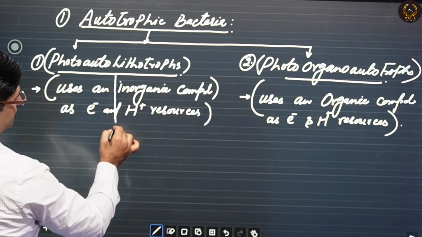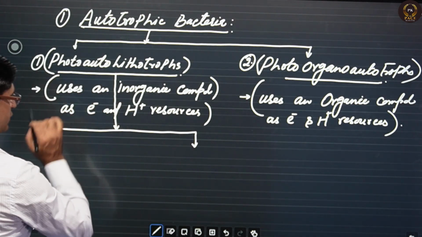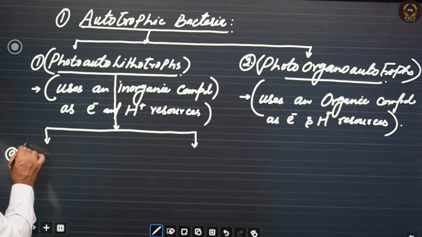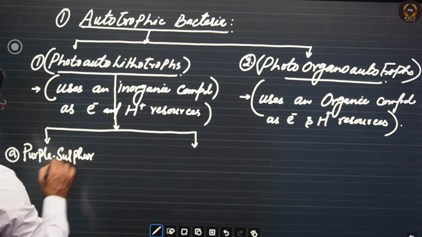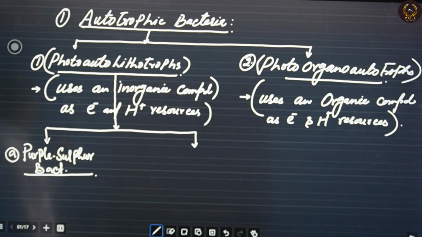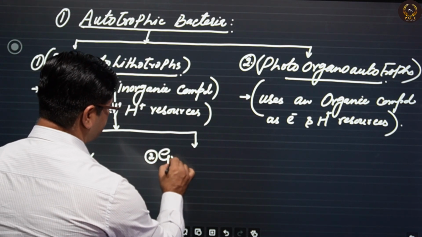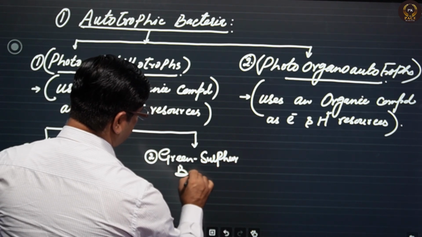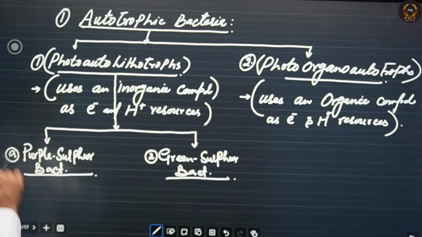Now under these two groups of bacteria, the photolithoautotrophs have been further subdivided based on the pigments and electron and proton sources. They are subdivided into purple sulfur bacteria and green sulfur bacteria.